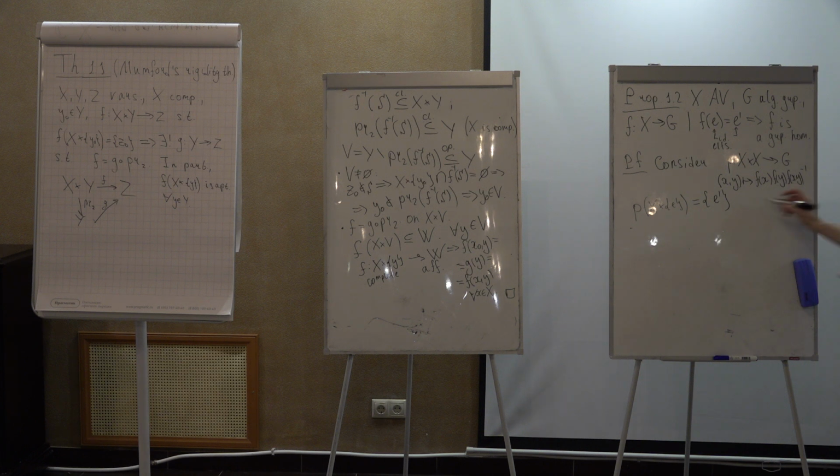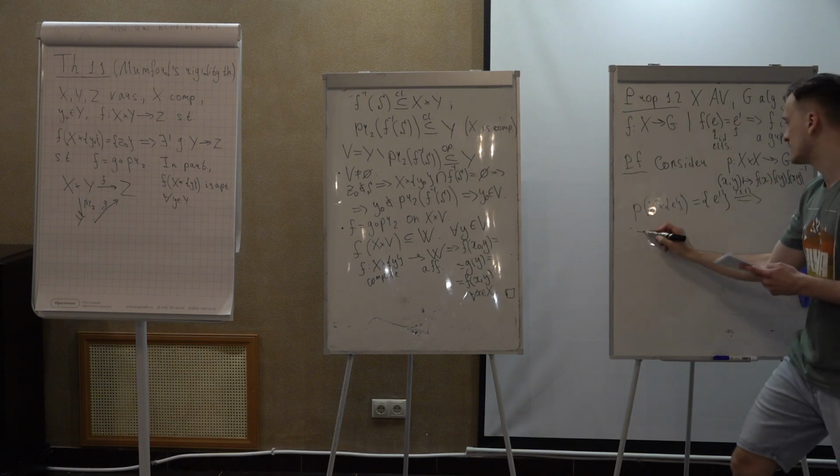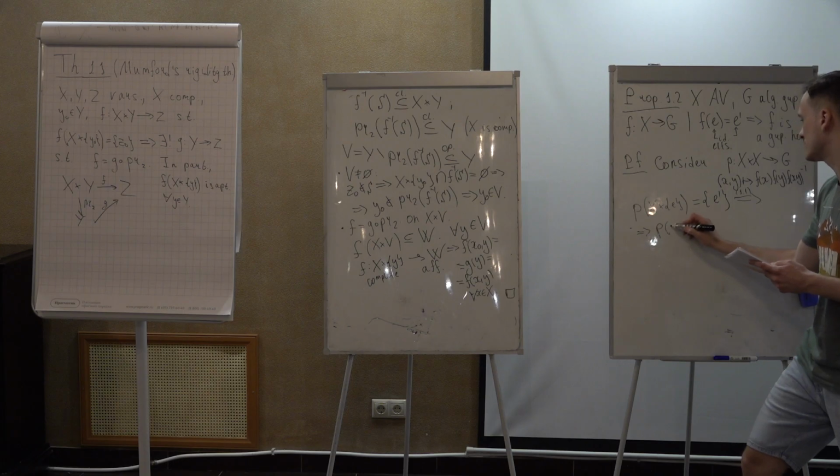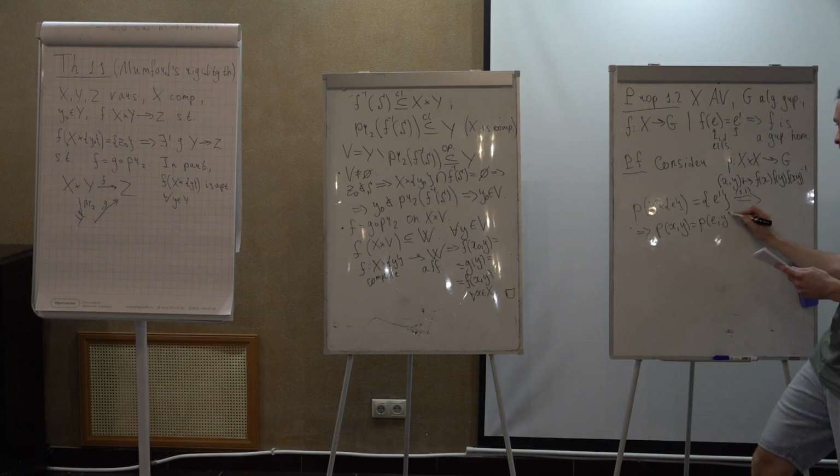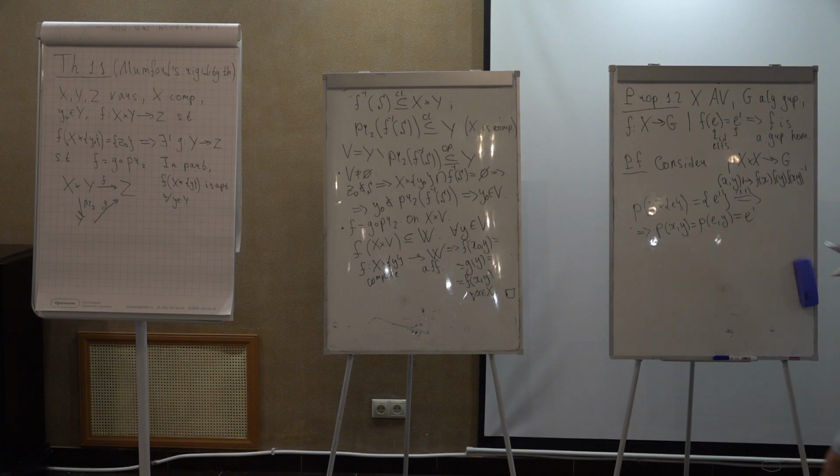So we use this to deduce that P of x, y does not depend on x, so it's equal to P of e, y, and it's again e'. And this means exactly that this is a homomorphism.